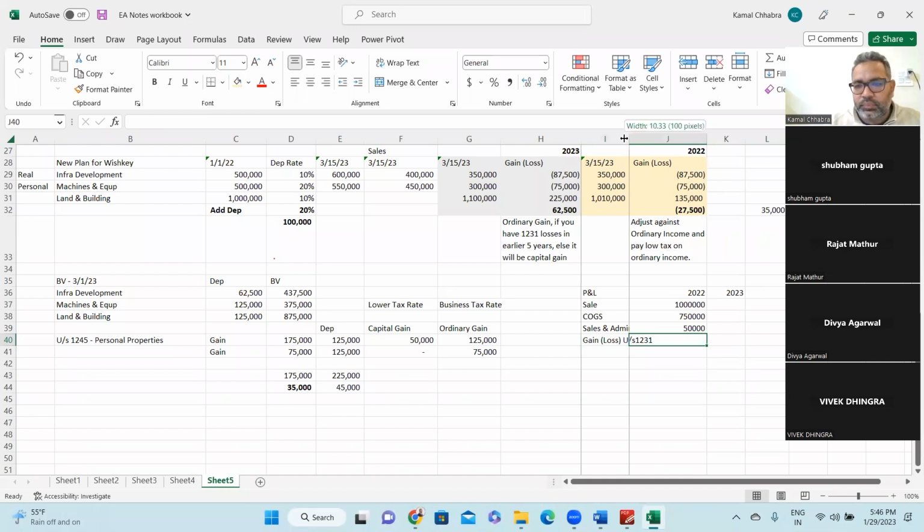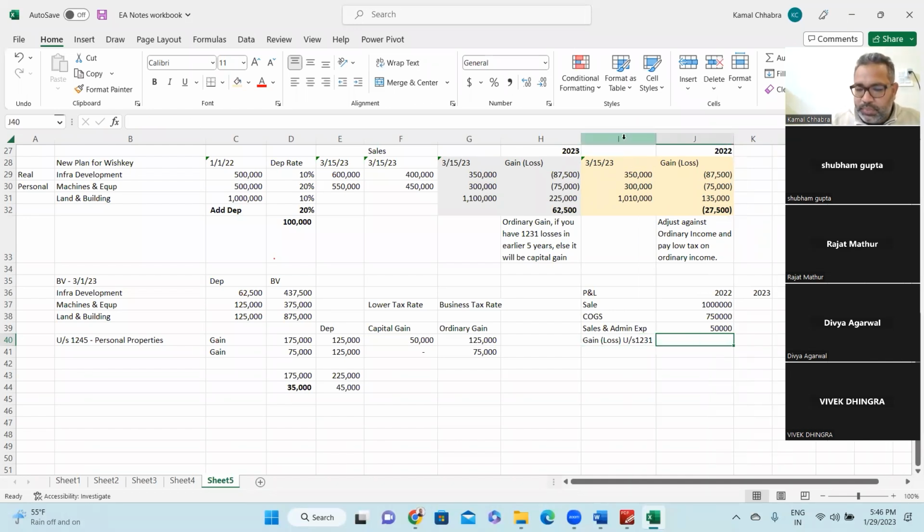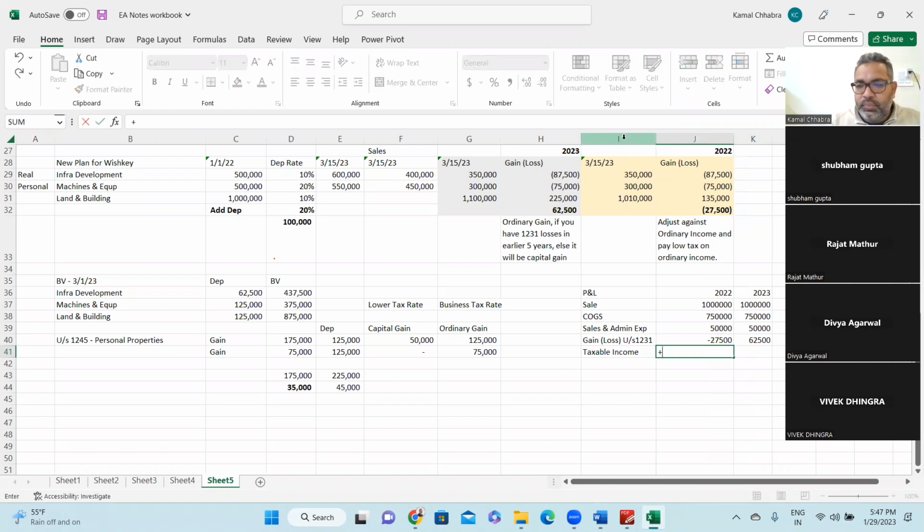In the previous year you have a loss of minus 27,500, and in this year you have a gain of 62,500. Let's assume the rest of the things are the same in both years, right? So your taxable income, how much is it? Sales minus COGS minus this, plus or minus the 1231 gain or loss.